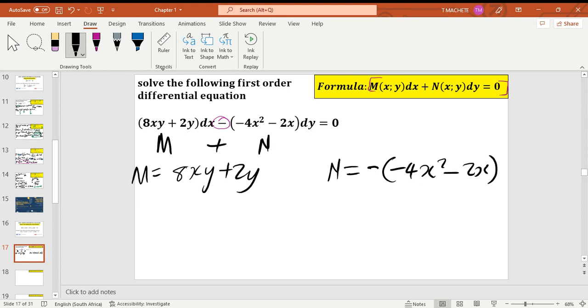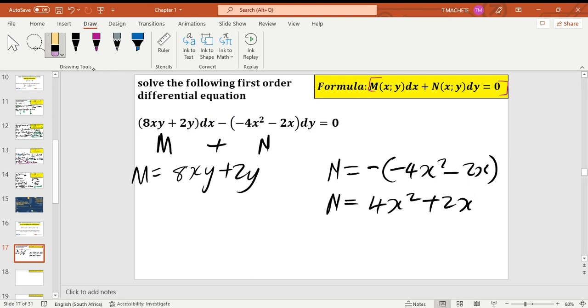To make it positive here, you need to do this. You remove the brackets and multiply everything with negative, so you're gonna have positive 2x. That's when your N will be positive. So now if you put that N back into the original equation, you're gonna have positive there in between.